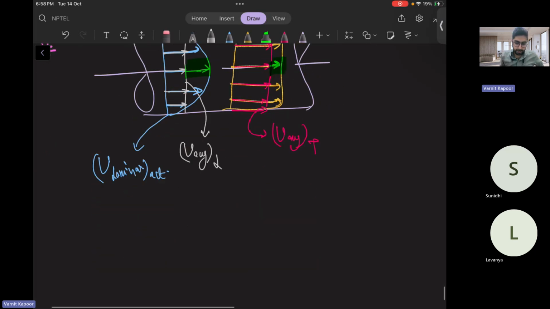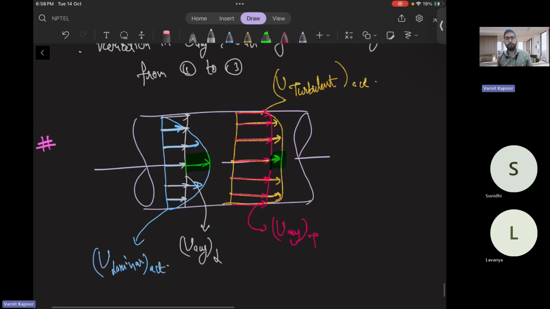Deviation here is higher compared to this. So we can say that the correction factor, if you derive the velocity profile distribution also, you can see the relation, as well as there is more momentum transfer in the turbulent flow because of the presence of eddies compared to a laminar flow.